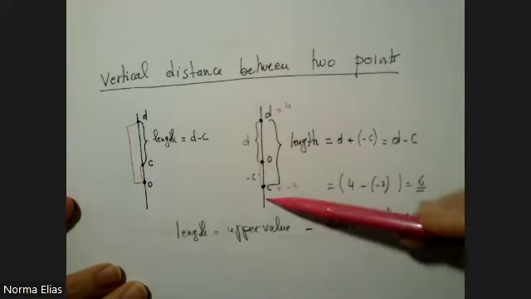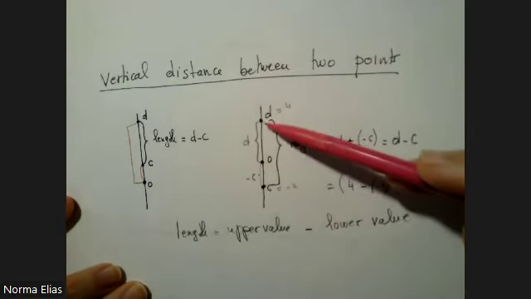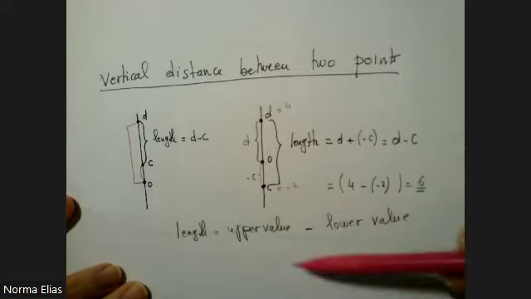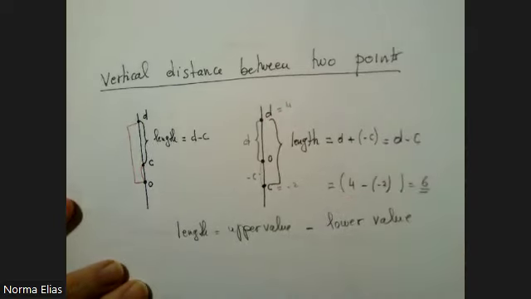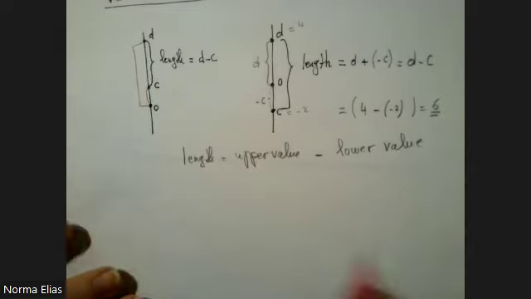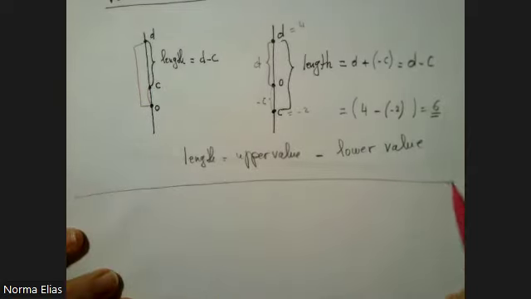Okay, so whenever I have 2 points on a vertical line, the distance between them is always the upper value minus the lower, regardless of where the points are located on the vertical line. Now I'm going to go back to my problem of area between two curves. And this idea here, we will be using it a lot in this chapter. So, area between two curves.